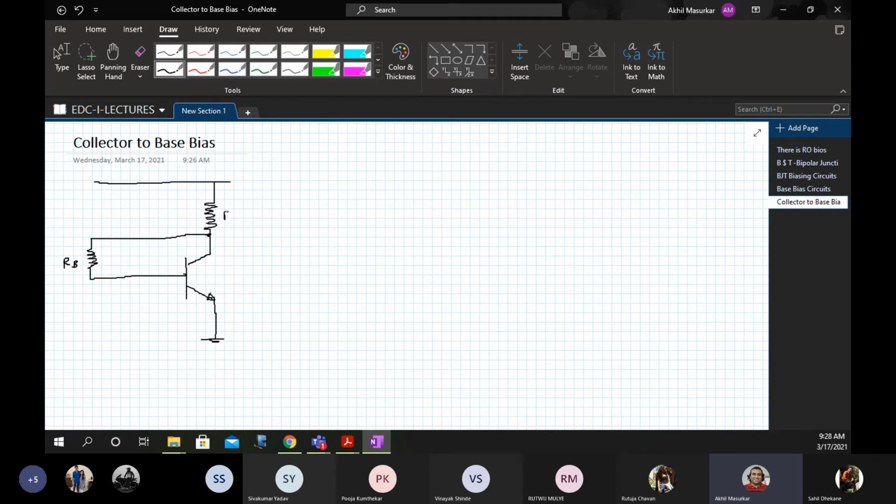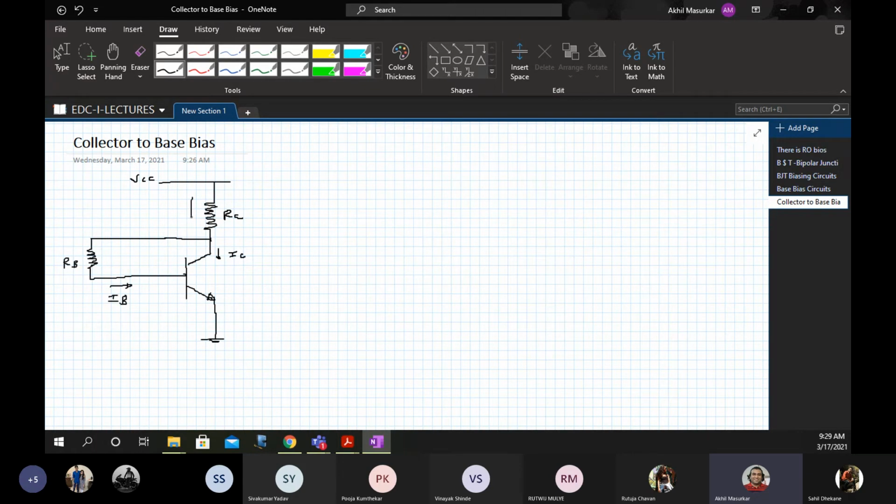So this is RB, RC. So here the current is IC, here the current is IB.